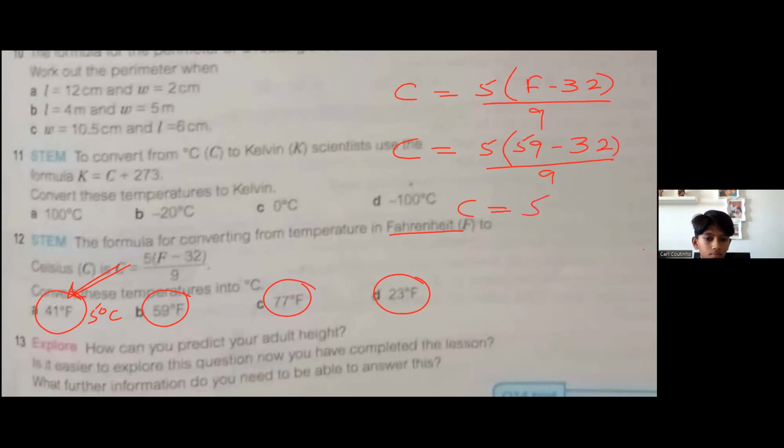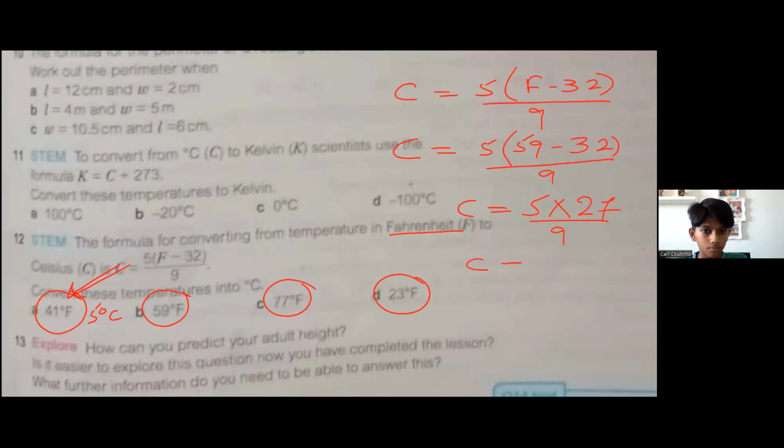Coming 5, and 59 subtracted by 32 will give us 27. Is this what you got? 27 after subtraction, 59 minus 32? Yeah.